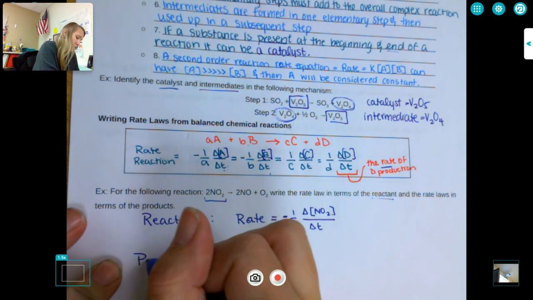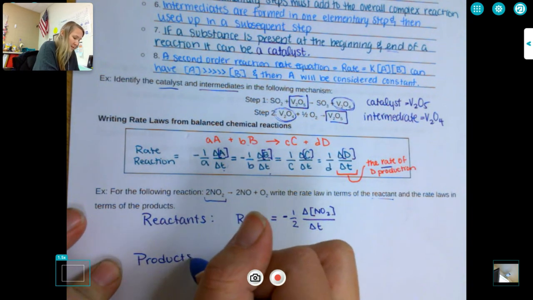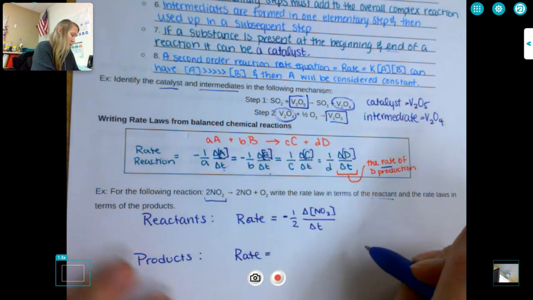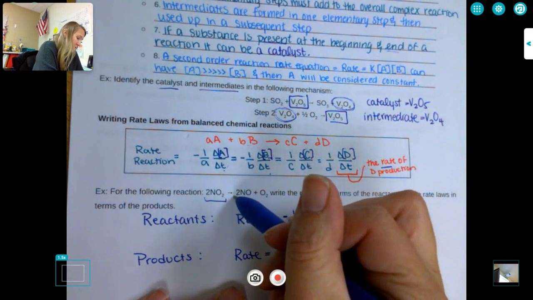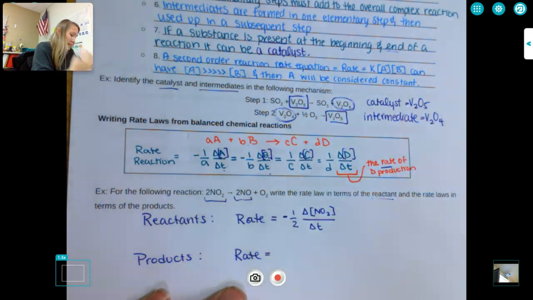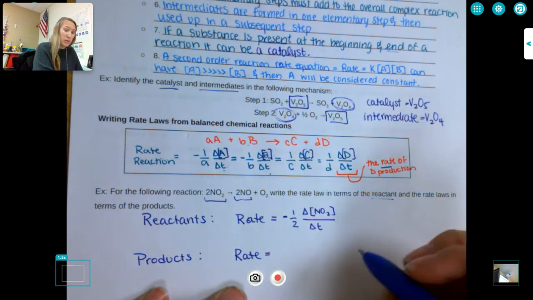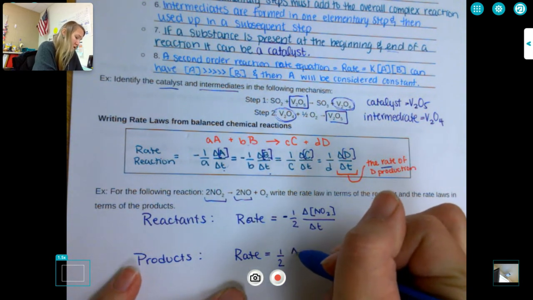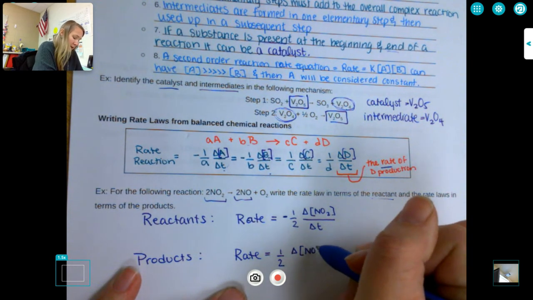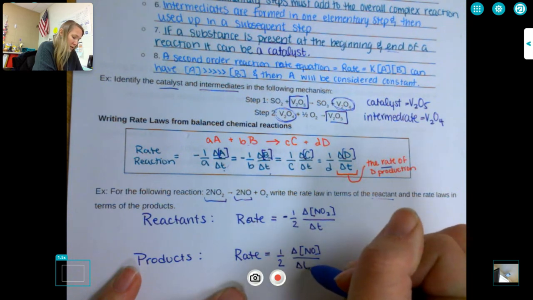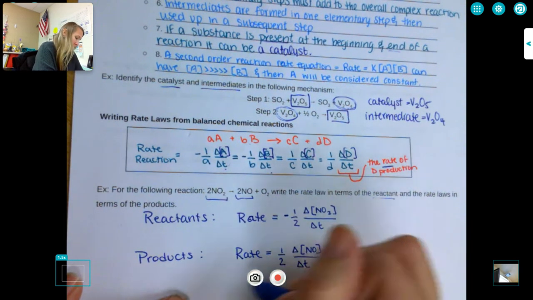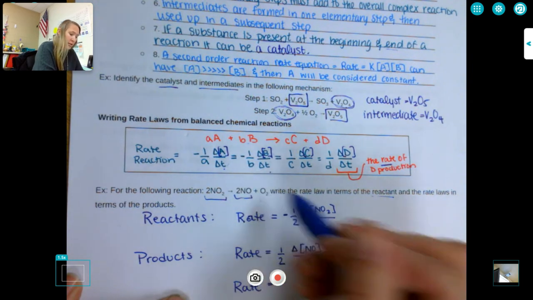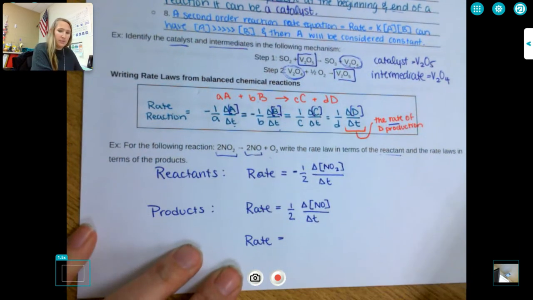In terms of my products, I will have my rate is equal to, for my first product here, my nitrogen monoxide, I'm making this, so it's positive. So 1/2 positive, change in the concentration of NO per change in time. And I also have the rate of my other product, my oxygen.